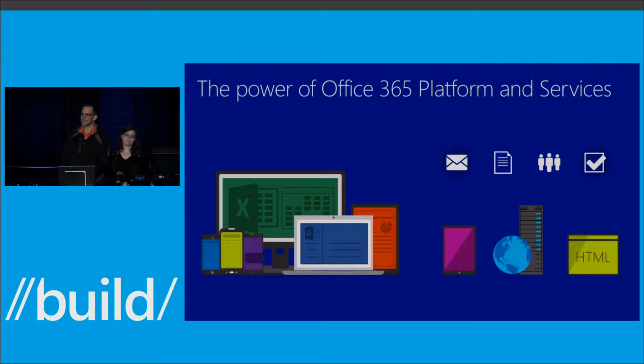So you've probably seen this slide so far in the other sessions you have, but we gave it a new name here. What we're building here and showing you how to build today is the real power that you have at your fingertips with the Office 365 platform and all the services it provides you.